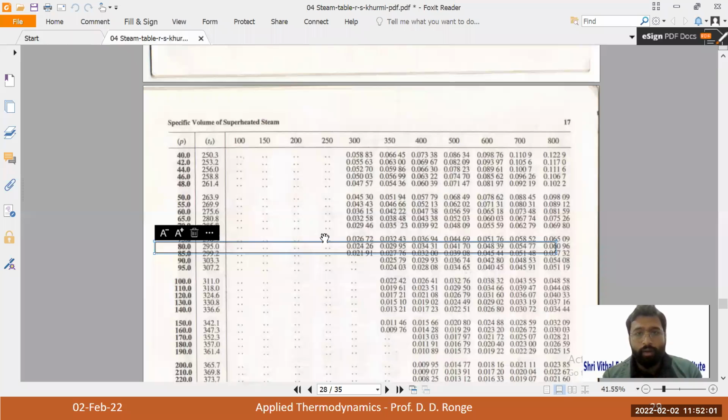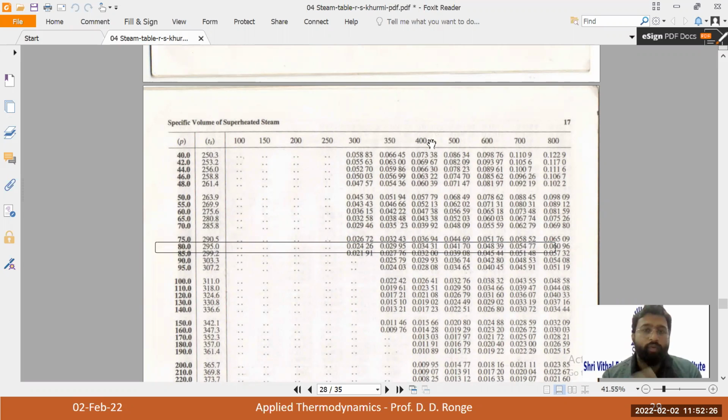So see here, our specific volume in this case is 0.031. It lies between 0.029 and 0.034. So in this case your temperature will lie between 350 and 400.